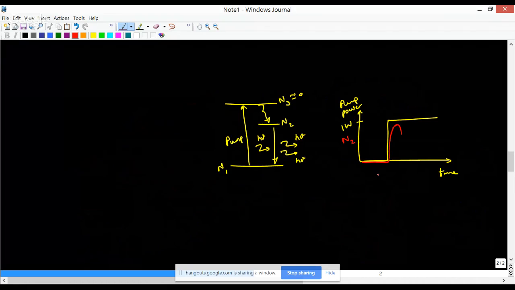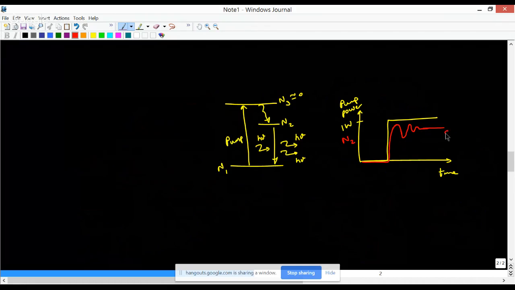Because it starts emitting some photons spontaneously after a certain time, and as those photons are emitted, those atoms are coming to the ground state, but they are still getting pumped, so they will go up again, and then it will come down, and then it will finally reach a constant value after some time.